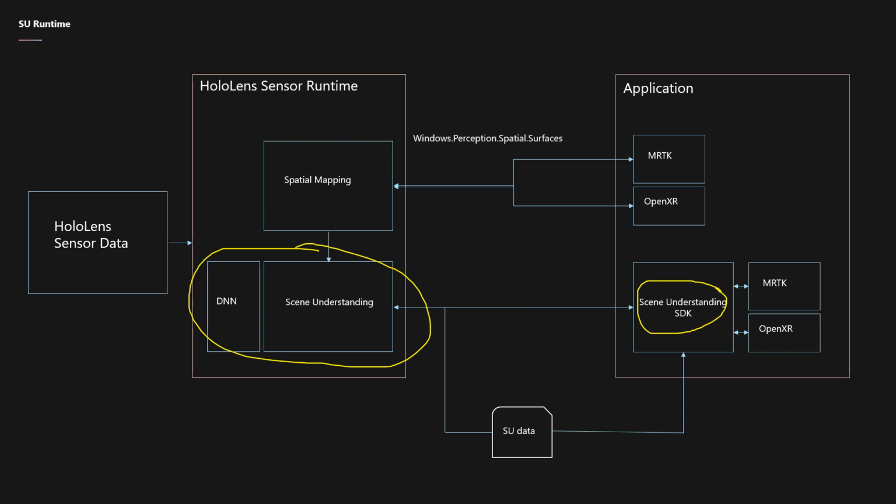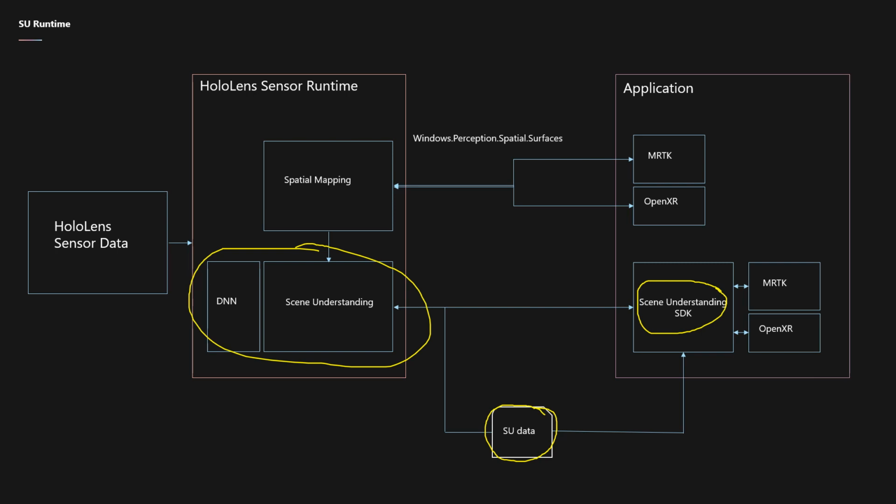One thing that's interesting too, and I'll draw it here, is this scene understanding data. When you make requests for scenes using the SDK, there is a protocol that is used to send this information back and forth. We can save this to disk, we can serialize this and use it later. You'll see serialized scene files that are saved as part of our sample, for example.